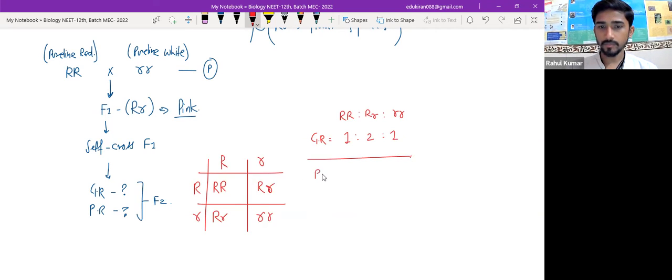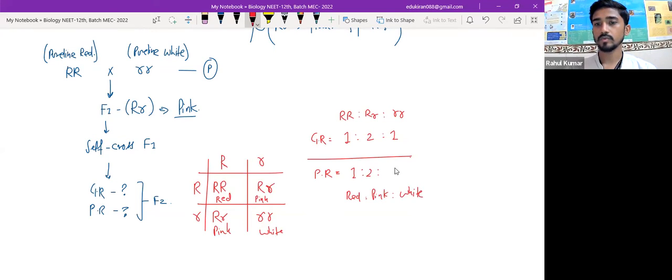But if we talk about the phenotypic ratio, now this will be red, right? Only this will be red and this too will be pink. So the phenotypic ratio will be red is to pink is to white, which is 1 is to 2 is to 1.